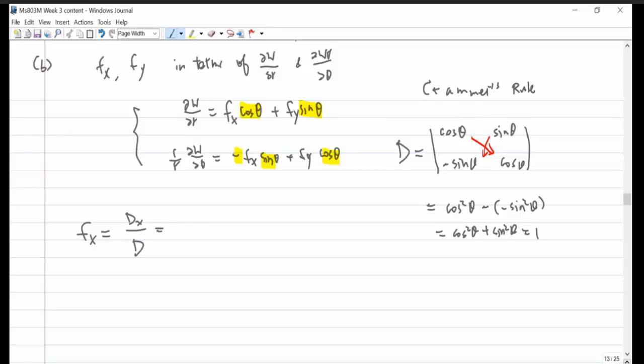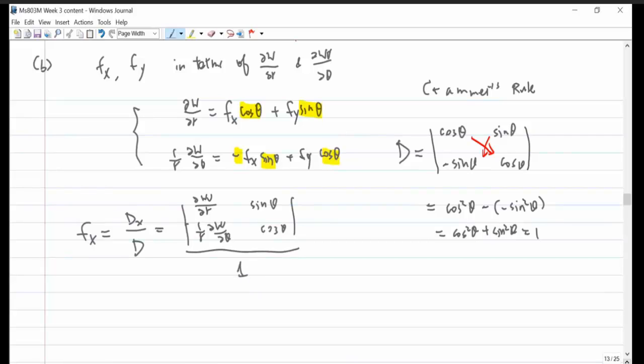The first column of D is replaced by dw/dr and 1 over r dw/d theta. The first column is cosine theta, minus sine theta, replaced. The second column is kept the same. And D we know is 1.